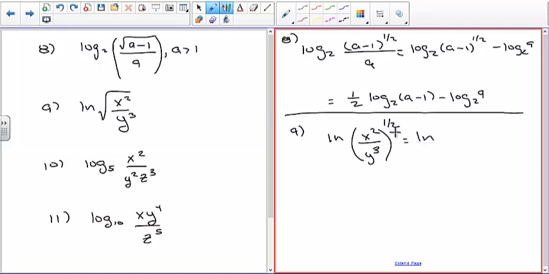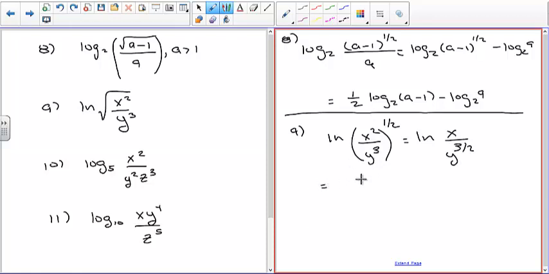It's just using the properties of relating the square root to the fractional exponent. Now, before I do this, I could just apply this to both terms. So x squared to the 1/2 power, you multiply the exponents together. So you get x. And here, 3 times 1/2, I get y to the 3/2 power. Okay, so that's just kind of cleaning that up to start with.